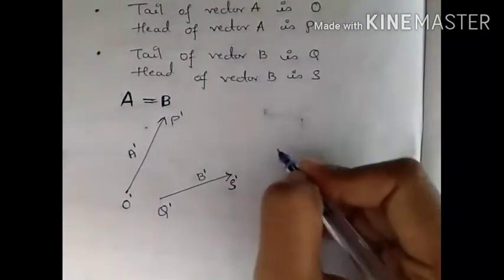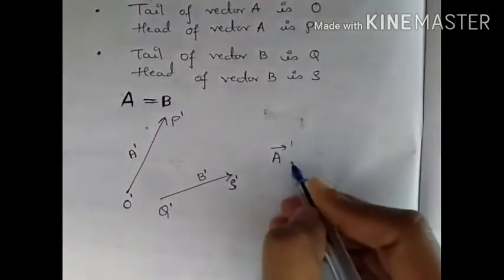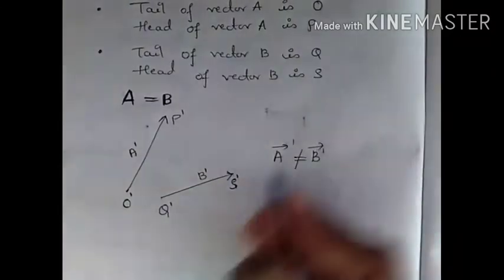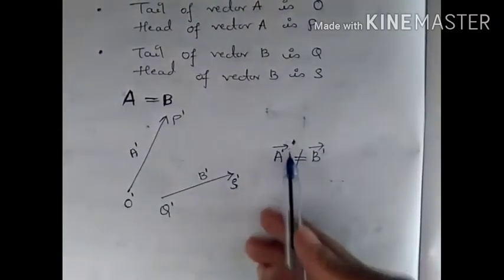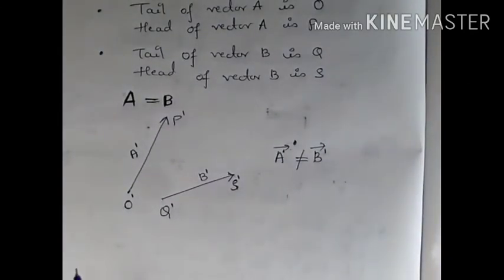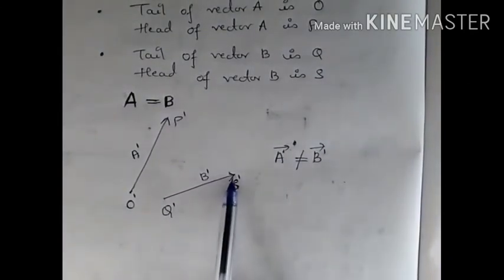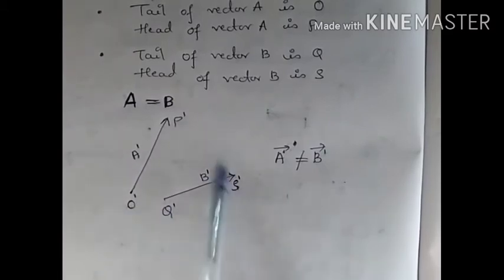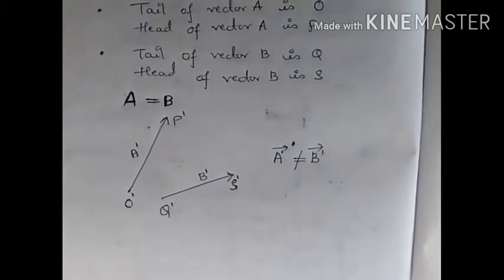So A prime vector is not equal to B prime vector. Because if you try to coincide point Q on point O, P and S will not coincide. So this is for the equality of vectors.